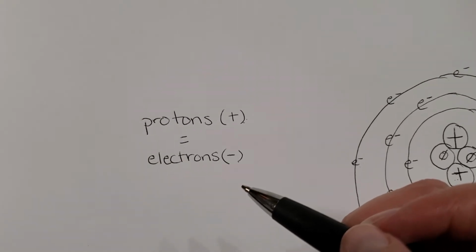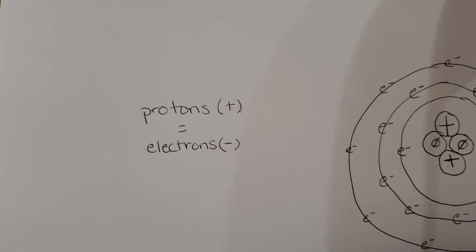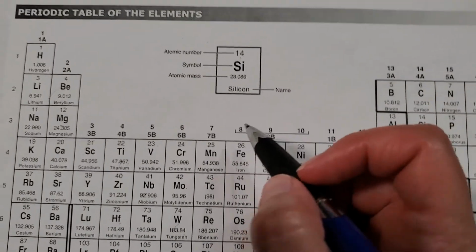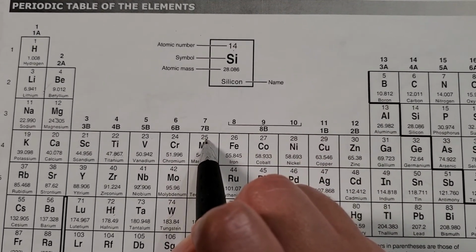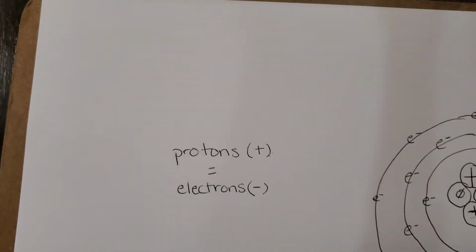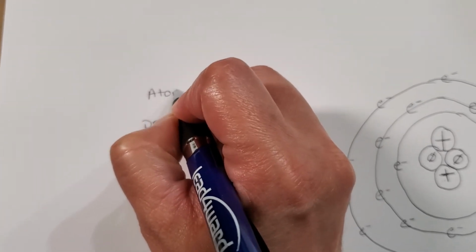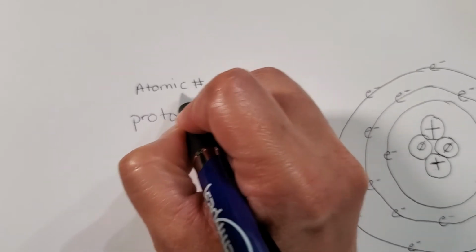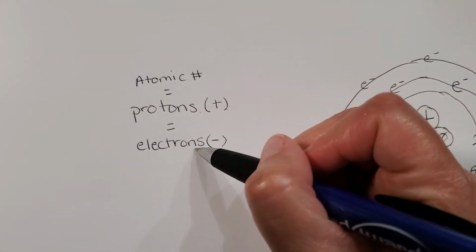Okay, so what does it have to do with the atomic number? It's a good question. So when we look at an atomic number, that means our atomic number is going to tell us how many protons and electrons there are, because that's what it tells us. So when we look at this, our atomic number actually equals our protons, and that equals our electrons.